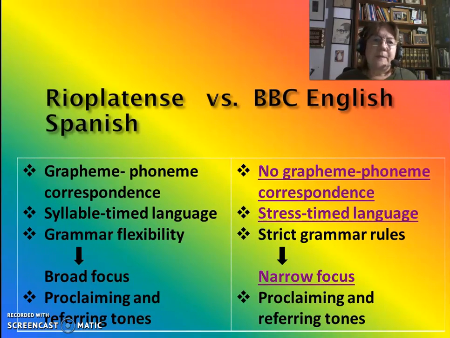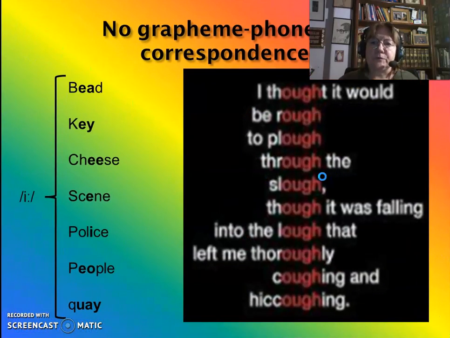As regards Rioplatense Spanish, we can say that it has grapheme-phoneme correspondence, which makes it easier for Spanish learners to learn how to read and write. On the other hand, when Spanish students want to learn English, the difficulty they find is that in English we have no grapheme-phoneme correspondence.